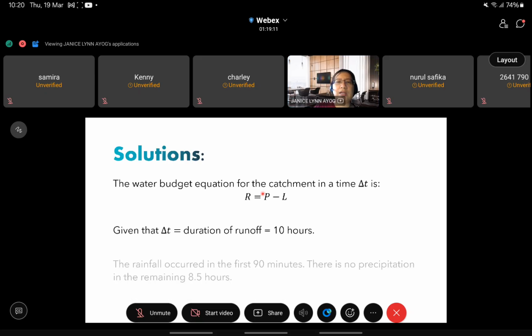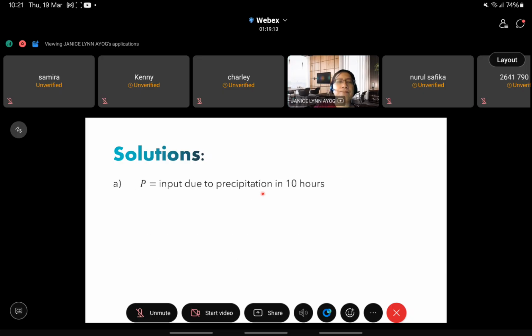Let me go back to the slide again. So this is the area, and this is the precipitation or the rainfall, 10.5, and then you divide it by 100 so that you get meter. You get in volume 157,000 meter cube.